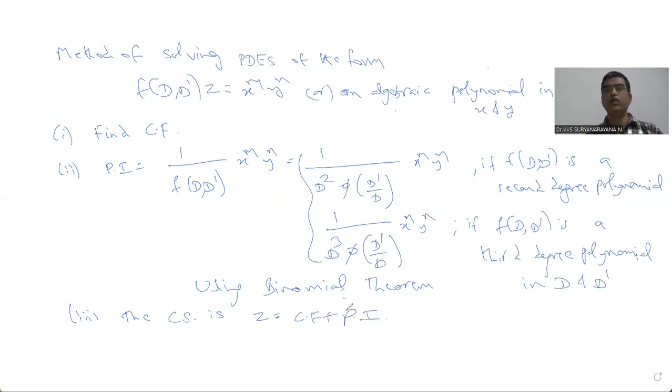So in this, we need the concept of the binomial theorem. Binomial theorem is very important, so we'll use the following formulas. Formulas that are useful in the binomial theorem: (1 plus D) power minus 1 is 1 minus D plus D square minus D cube plus D power 4, like this.